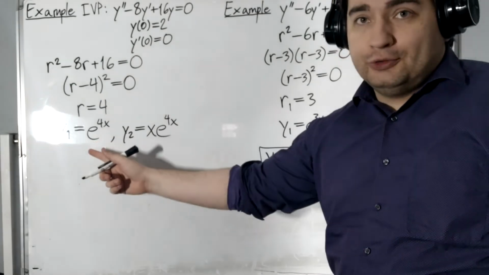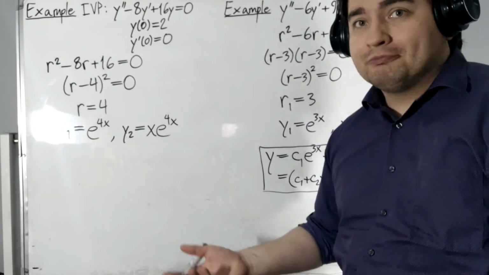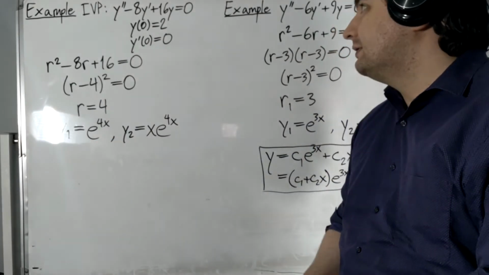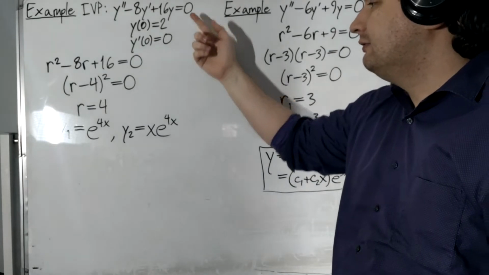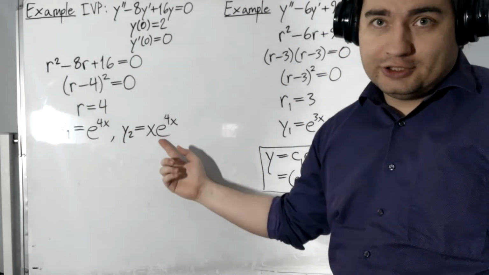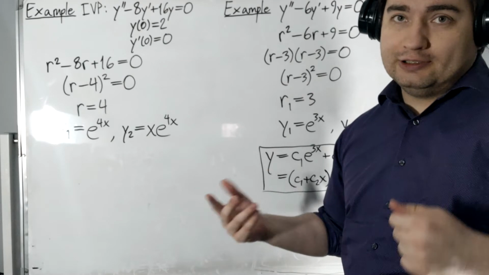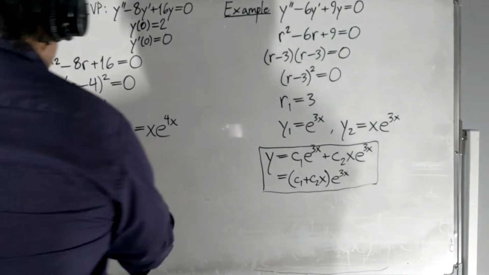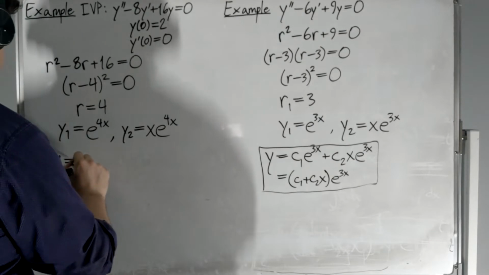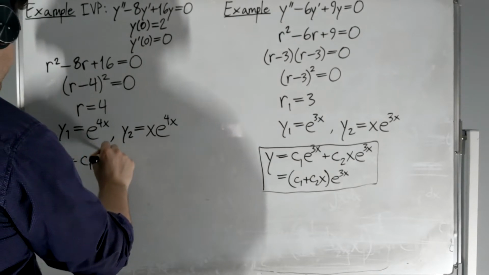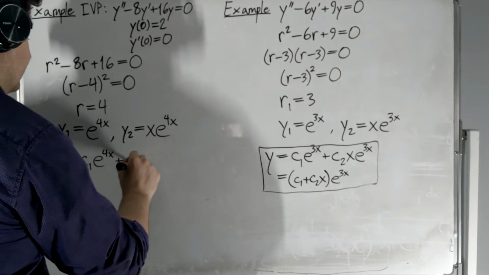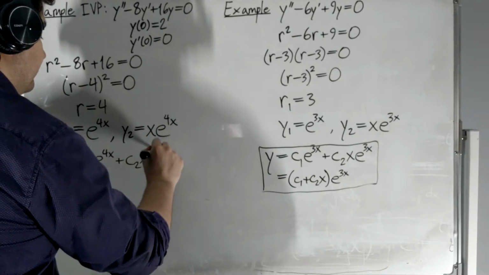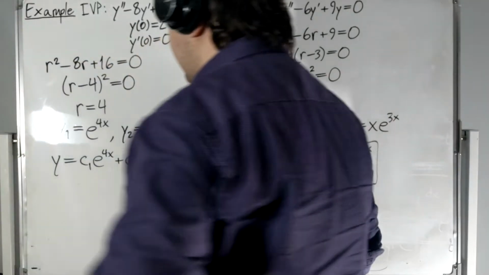And then with these two, because we have a second order ODE and 2 linearly independent solutions, the general solution is just all the linear combinations of those. So y equals c1 e to the 4x plus c2 x e to the 4x is our general solution.